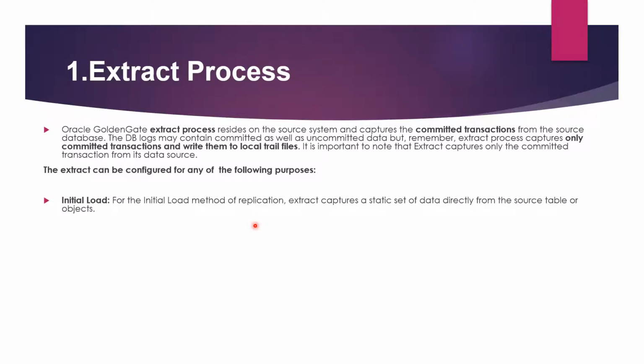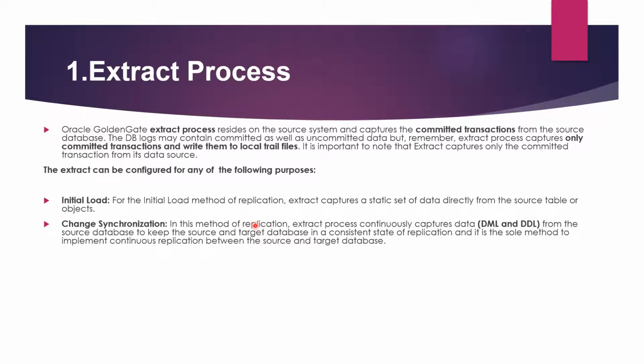Okay, so the extract can be configured for one of the following purposes. For initial loads, as we have seen, the extract captures a static set of data directly from the source tables or objects. And another is change synchronization. In this method, the extract process continuously captures the DML as well as the DDL from the source database, and keeps the source and the target database in a consistent state.